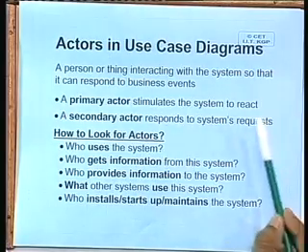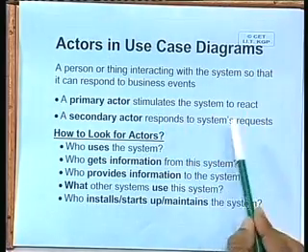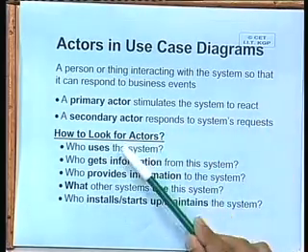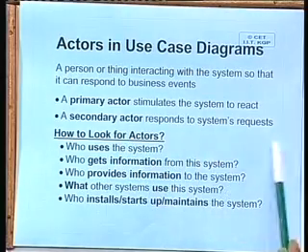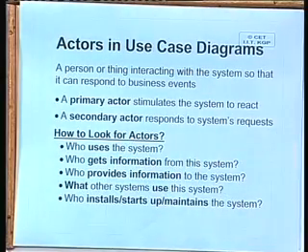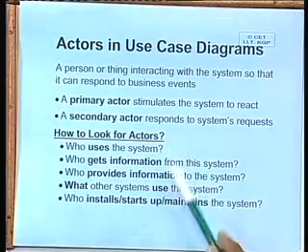So you can have a primary actor who stimulates the system to react, and a secondary actor who responds to the so-called system's requests. So we can have what is known as a primary actor or a secondary actor. So how to look for actors?